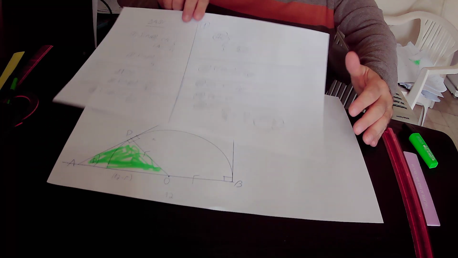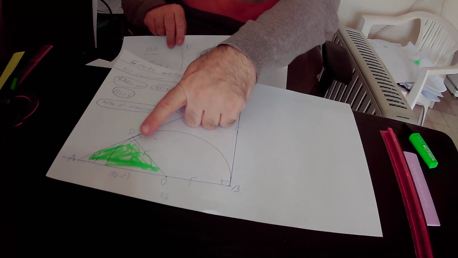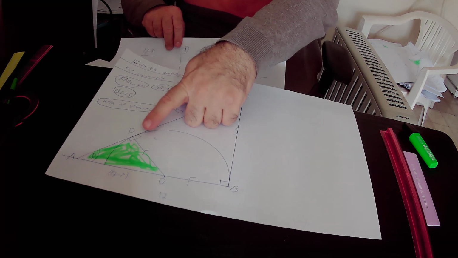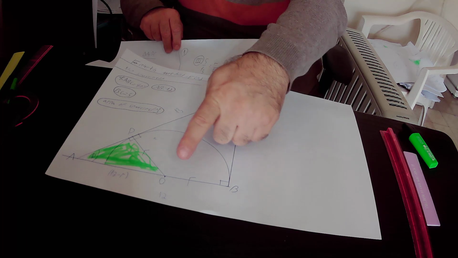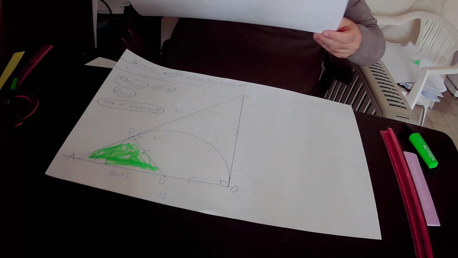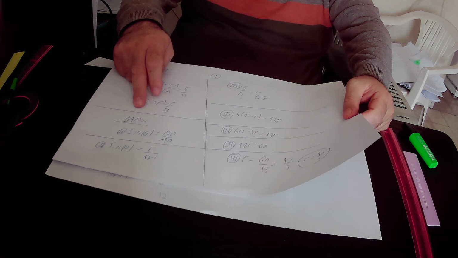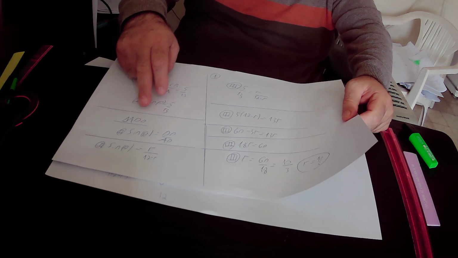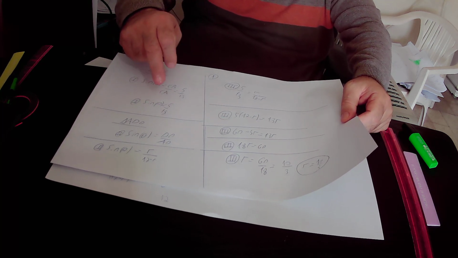Then we focused on the green right triangle ADO. Here, sine theta equals DO over AO.